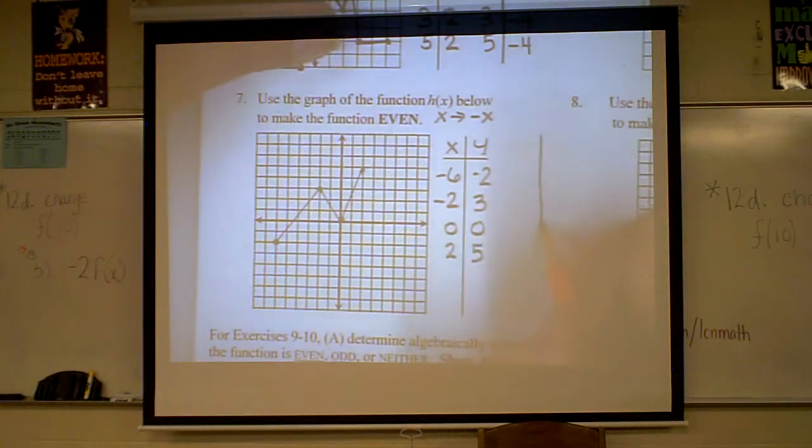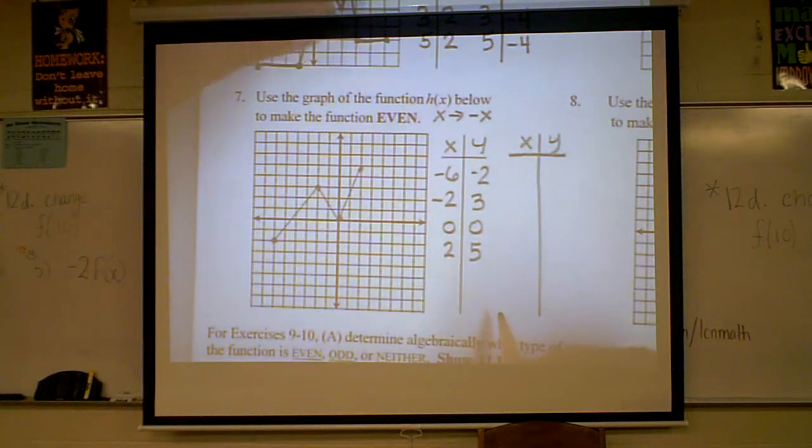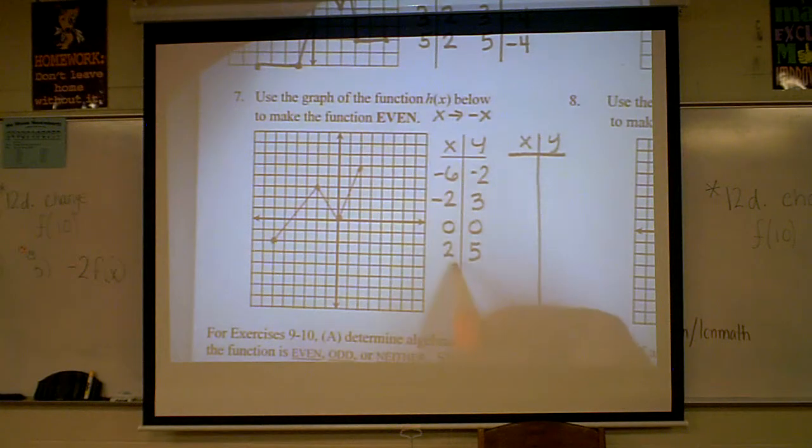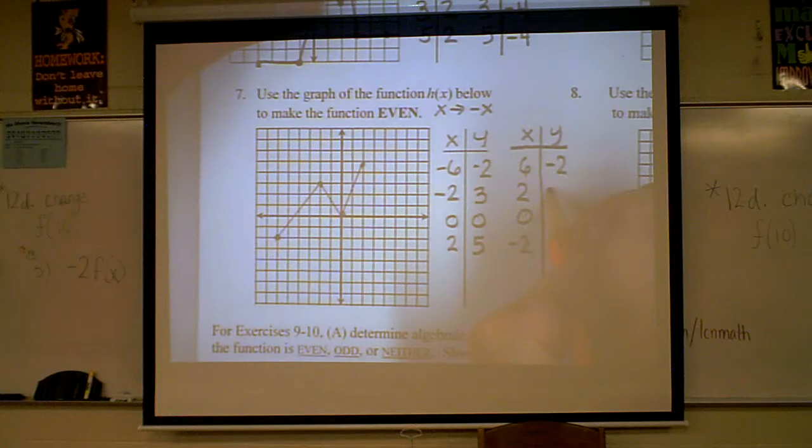So to graph the even function, to make this have symmetry to the y-axis, all you do is take your x values and change their signs. So you have 6, 2, 0, -2, but keep the y's the same.